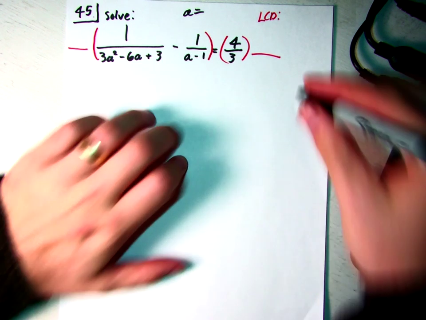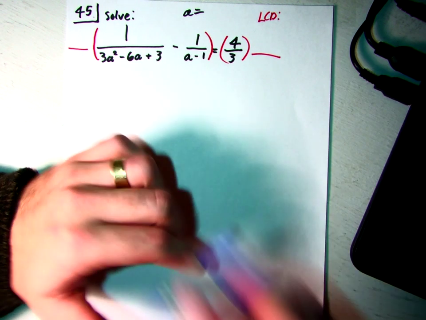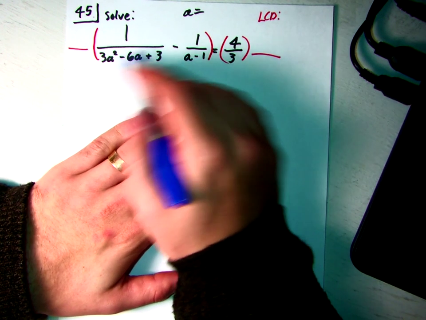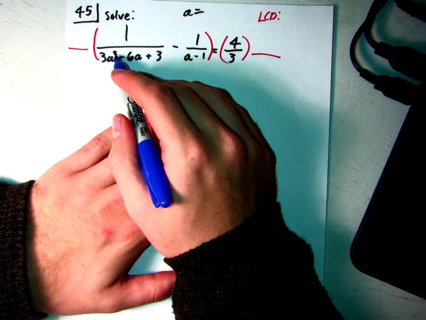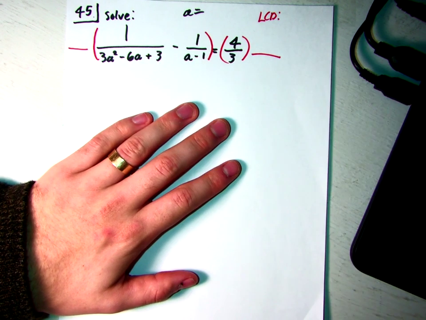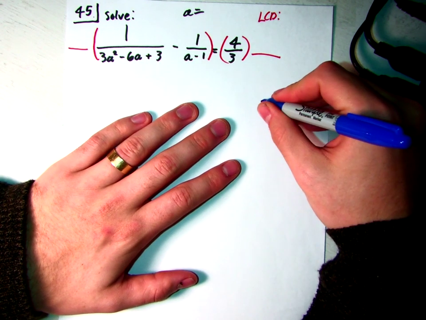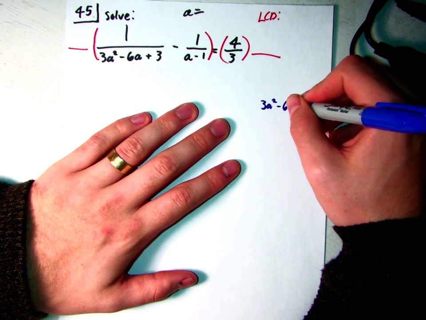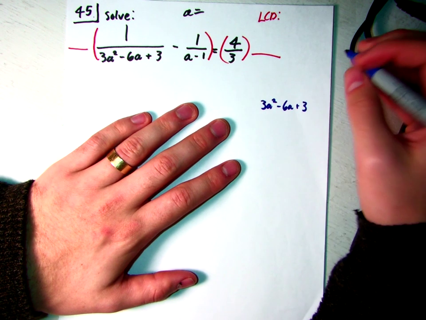Okay, that's actually kind of a tricky question. You can see that this polynomial here is quadratic, so I can definitely factor it. So let's try to do that to figure out what the factors are. So it's 3a squared minus 6a plus 3.